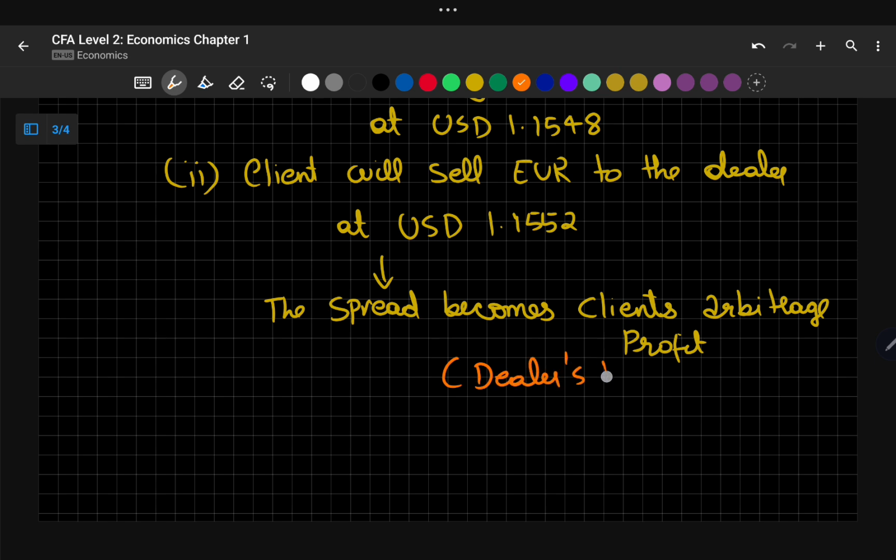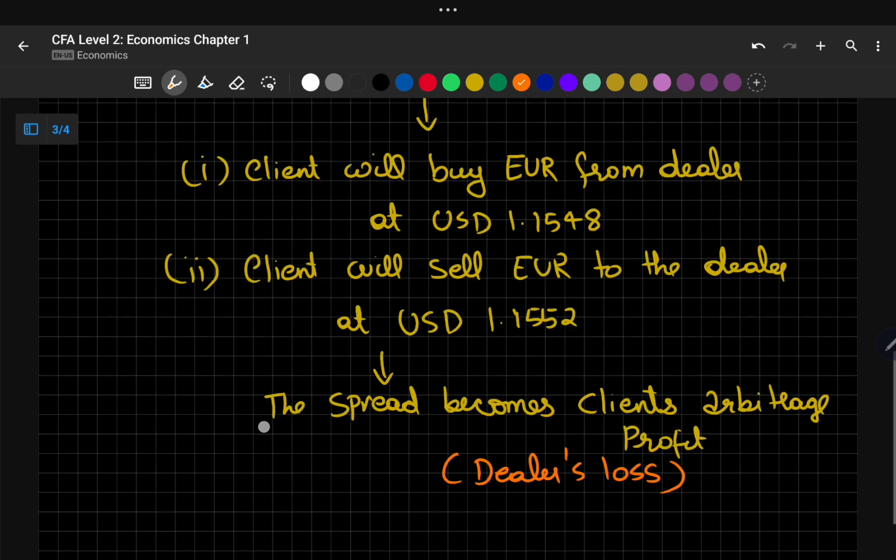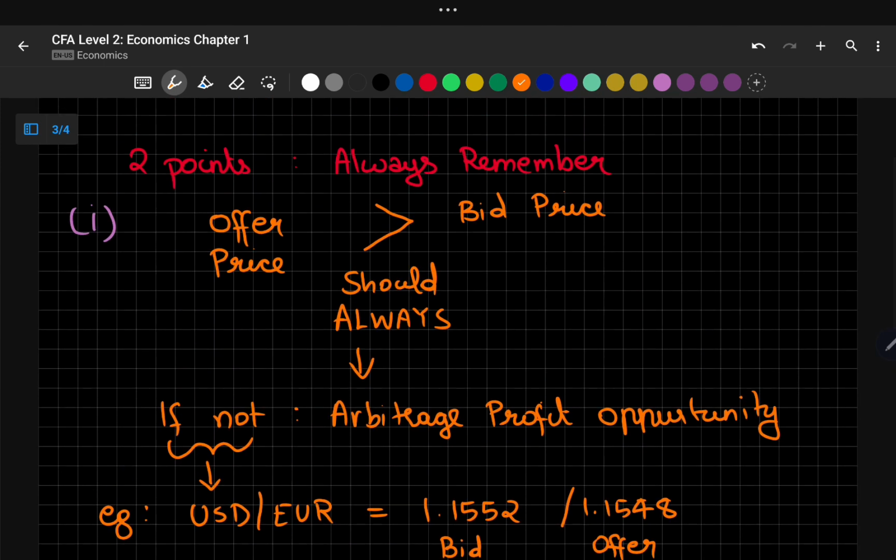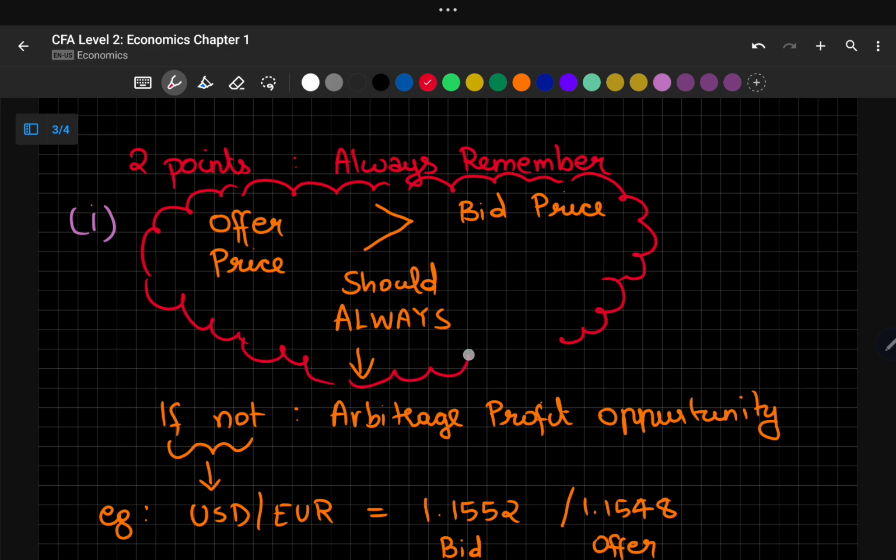So that's why the offer price should always be greater than the bid price for the dealer to make a profit.